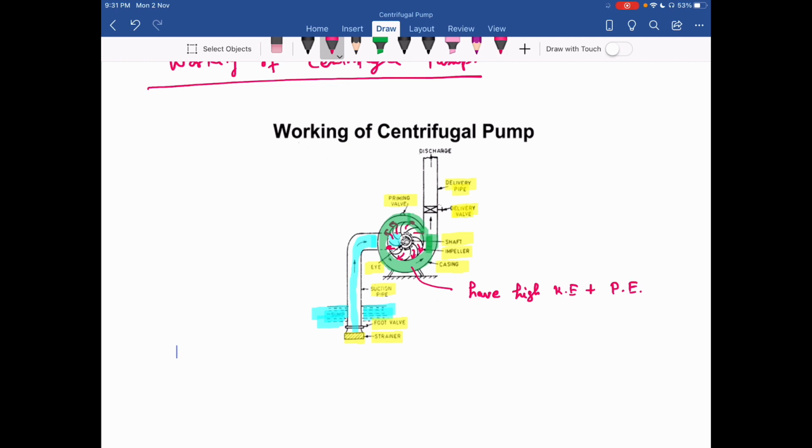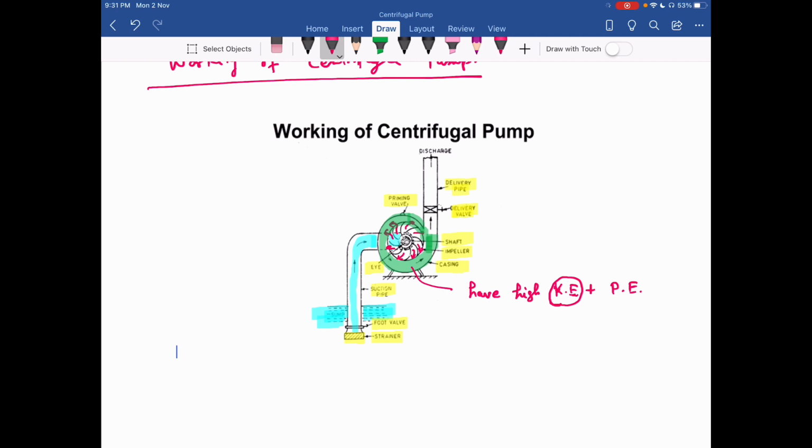Okay. Now my requirement is, the high value of this kinetic energy is one type of wastage. So I have to reduce that. So the leaving water is not desired with high kinetic energy, with high velocity. That is one type of energy loss.